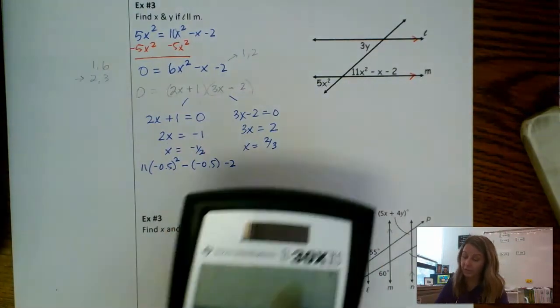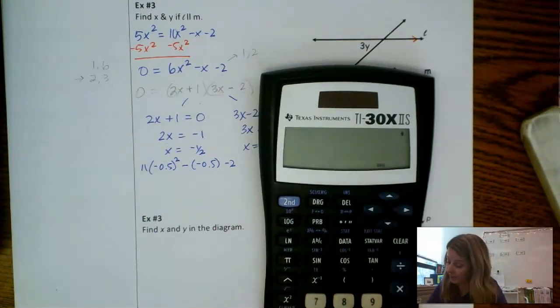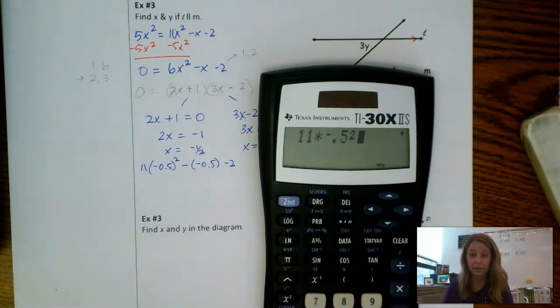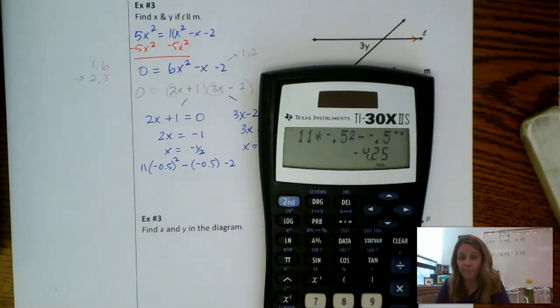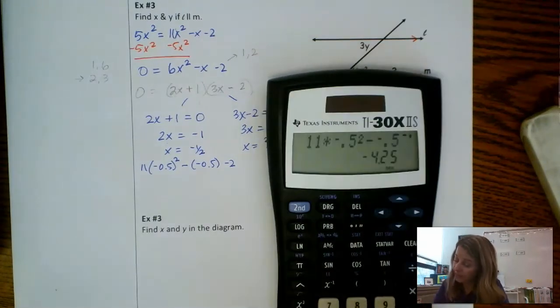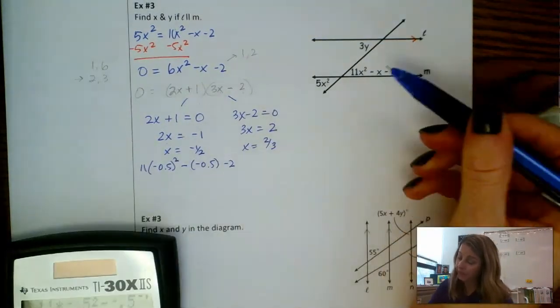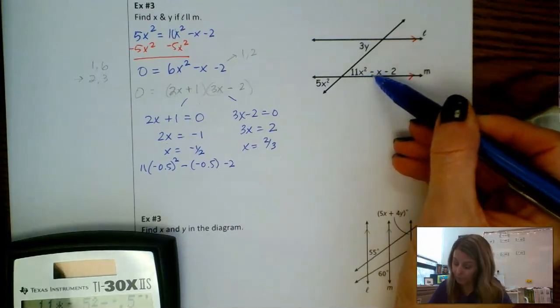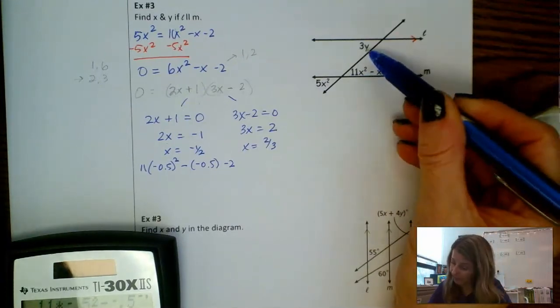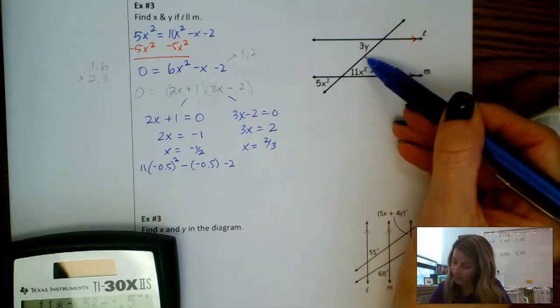You can just put that all in your calculator. I can say 11 times negative 0.5 squared, because your calculator can do order of operations, minus negative 0.5 minus 2. So negative 4.25. That means this angle is negative 4.25, and so this angle would be negative 4.25.